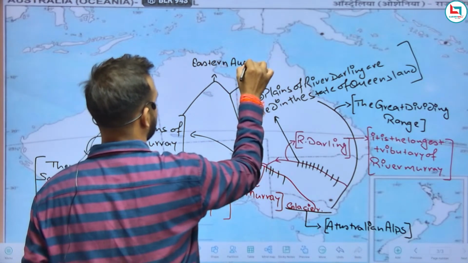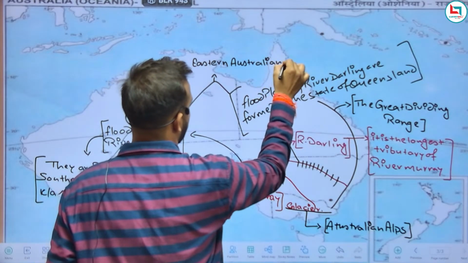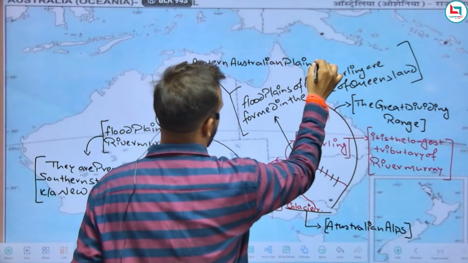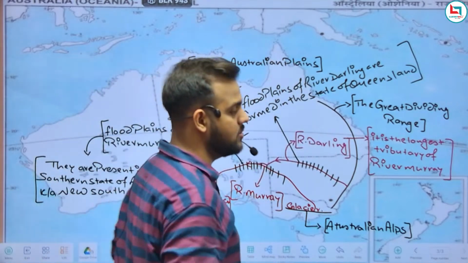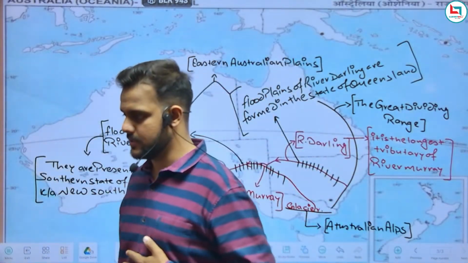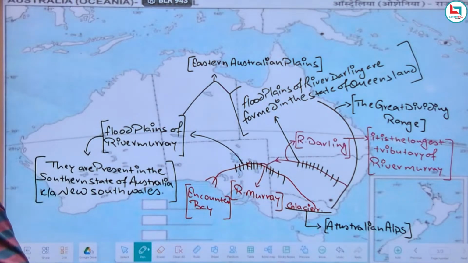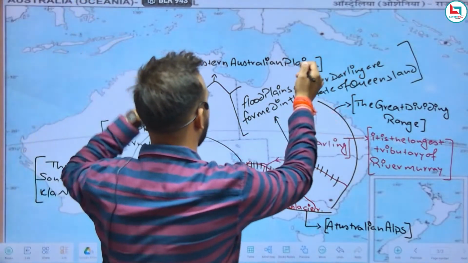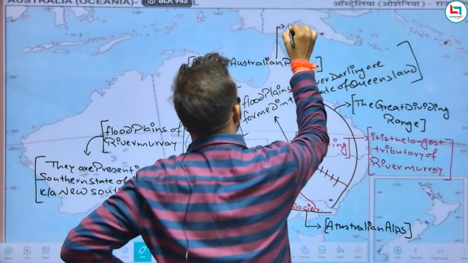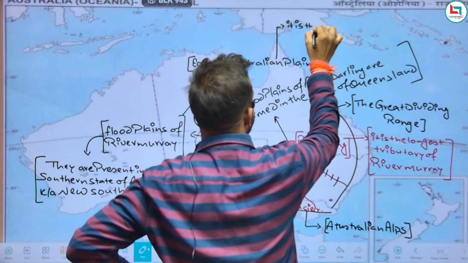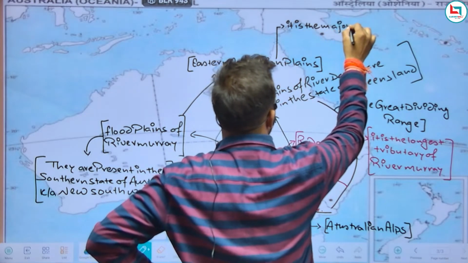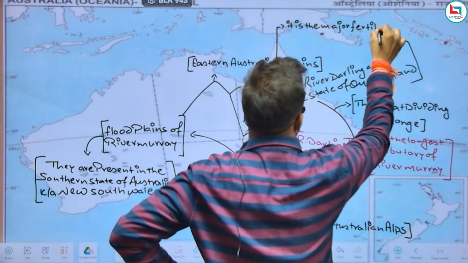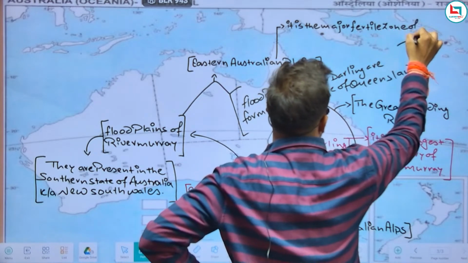When we talk about the Eastern Australian Plains, this is the major fertile zone of Australia and also the major agricultural zone of Australia.